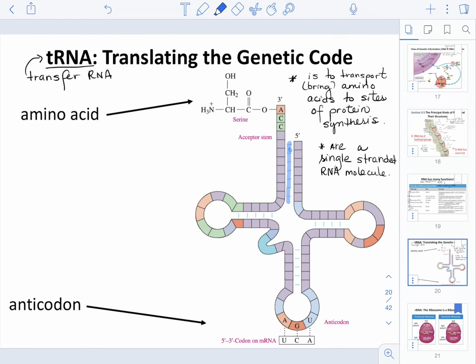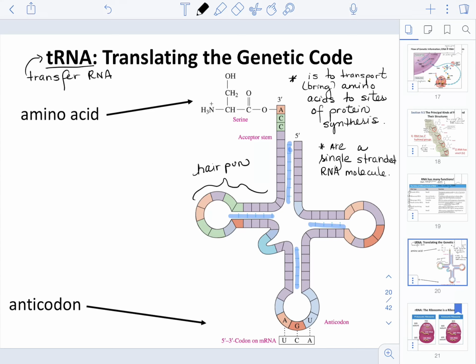So tRNAs have these regions of intramolecular base pairing within the single-stranded RNA molecule that results in a structure that is called a hairpin. At times, it is also called a stem loop.